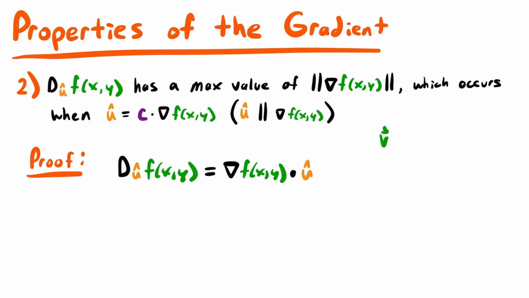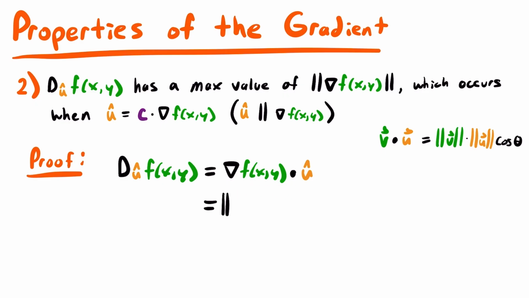Remember that the dot product between two vectors, let's say a vector v and a vector u, another way that you could calculate that is by taking the magnitude of vector v times the magnitude of vector u, and then multiply that by cosine of theta, where theta is the angle between those two vectors.